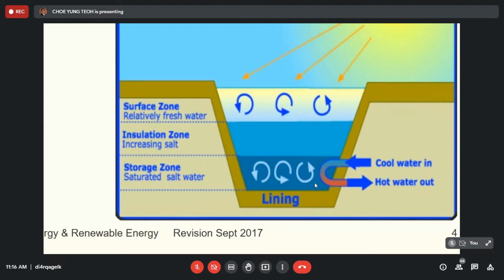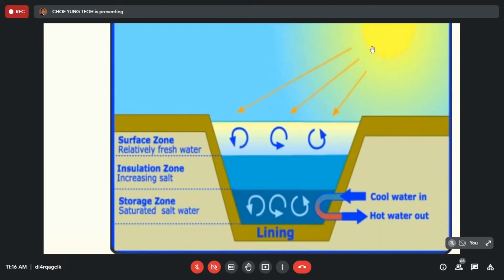You can see that the heat from the sun will reach the bottom part of the water by radiation. Salt water is quite transparent, so I would say that 80 to 90% of the sunlight will reach the bottom layer of the salt water and be absorbed by the bottom layer.